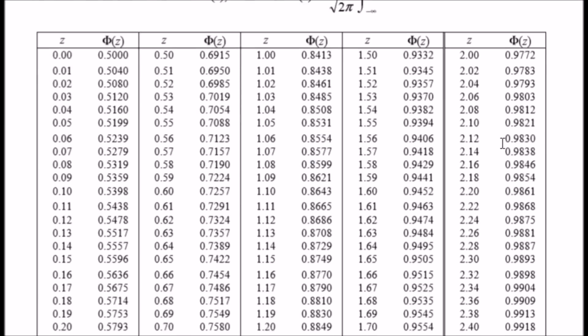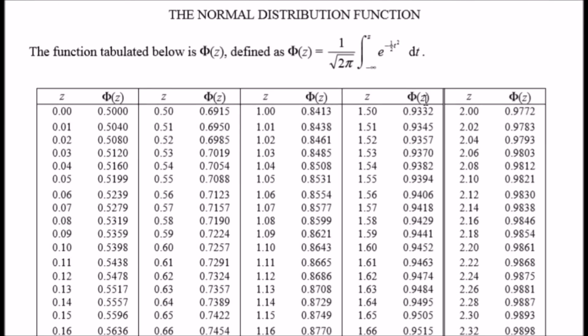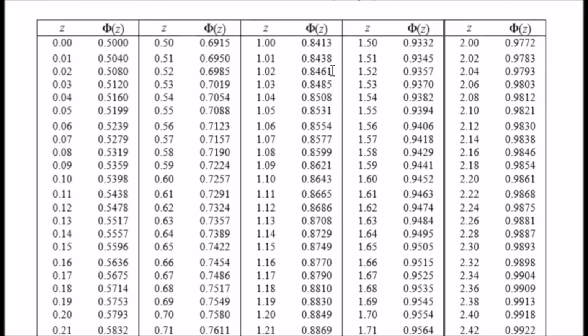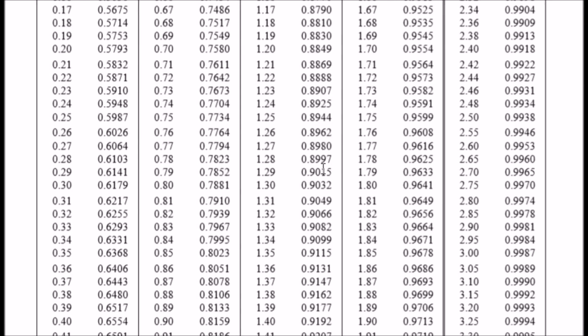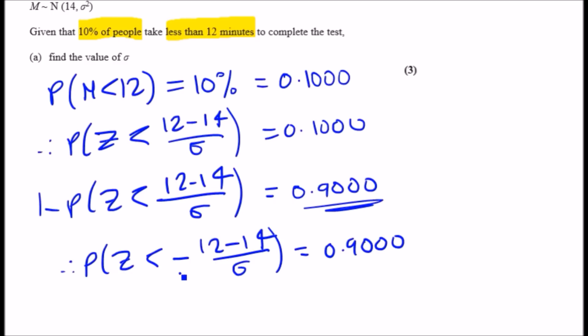Going back to the table, the closest probability to 0.9000 falls between here, so it's close to 1.28. That's very close. So all of this equals about 1.28.